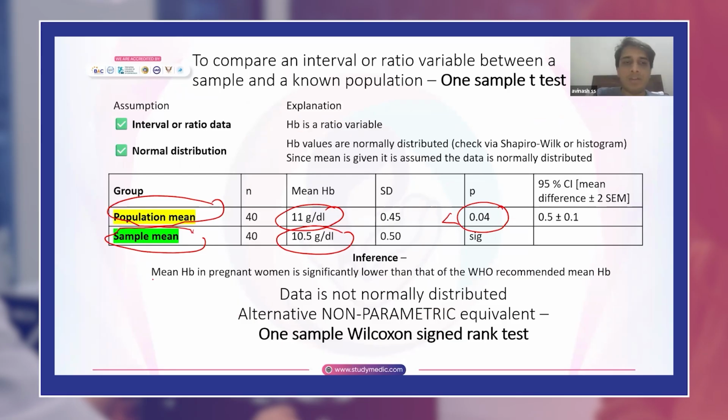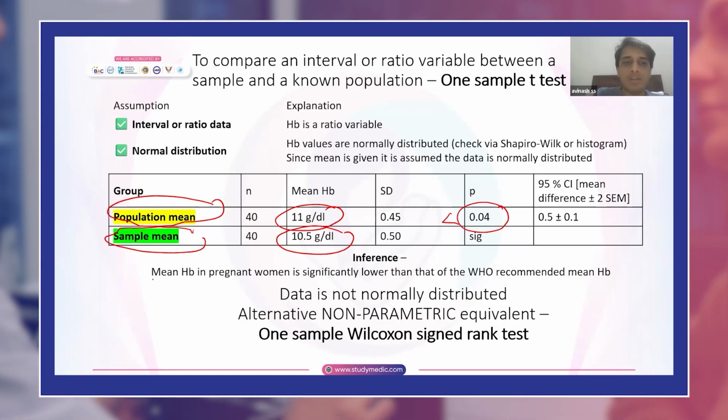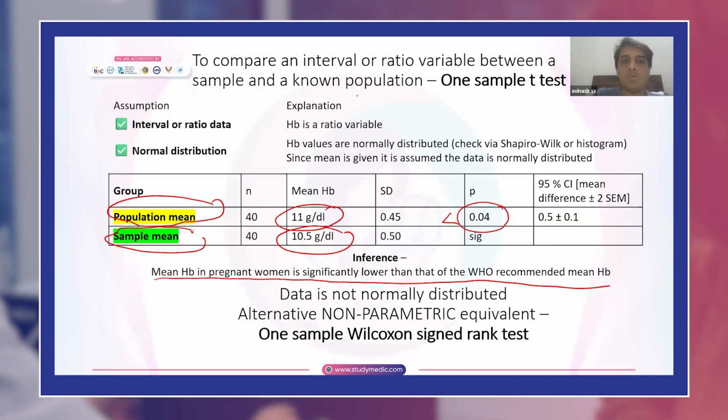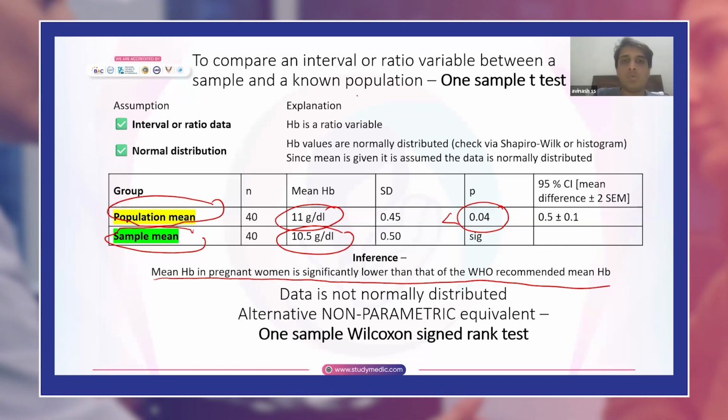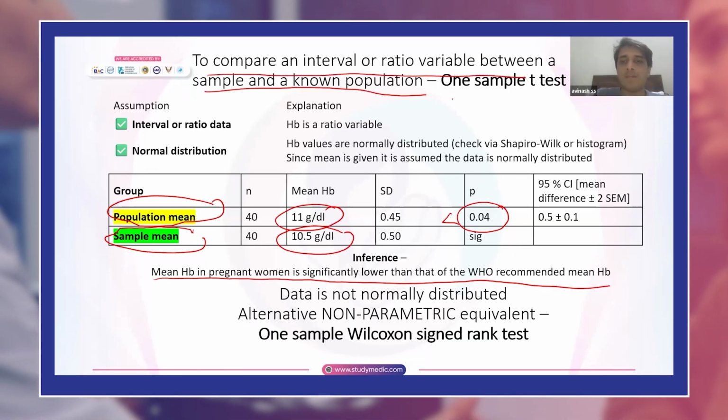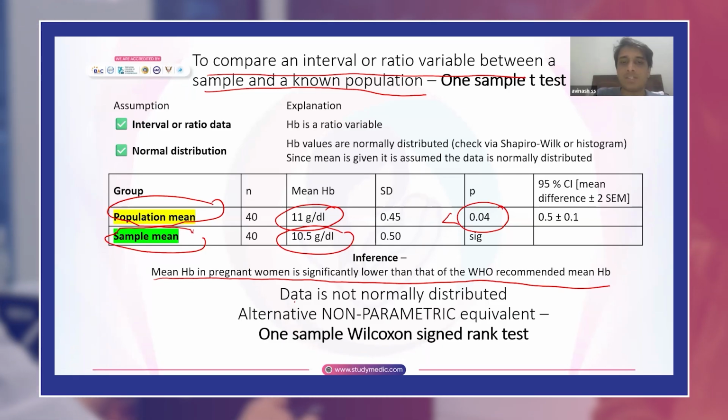So we can infer that mean hemoglobin in pregnant women is significantly lower than the WHO recommended mean. So when you want to compare a continuous variable between one sample and a known population, to find the significance of the difference, we use what is called the one sample t-test.